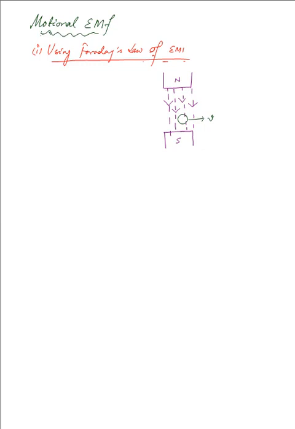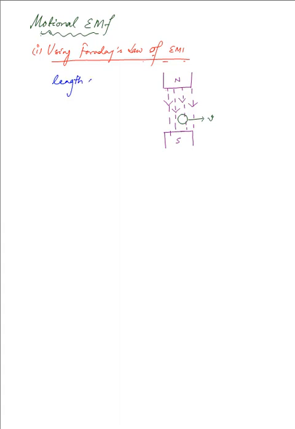It's placed between the north and the south pole of the magnets, which produces a uniform field from the north pole towards the south pole. And as you can see, the motion of the conductor is towards the right of your screen with a velocity v.